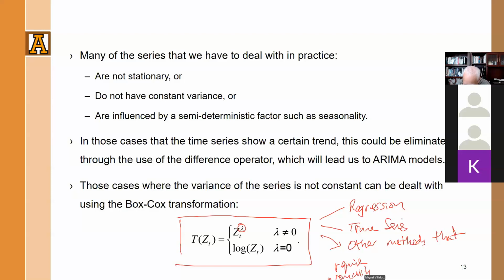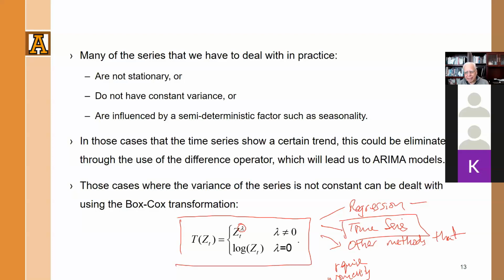In the case of time series, what we want is the lambda that makes the variance constant. We're not aiming at achieving normality, but at achieving a constant variance. So the criteria to choose lambda for regression problems, and for other problems where we look for normality, is different. The criterion we use for time series is to make sure that the variance doesn't change with time.